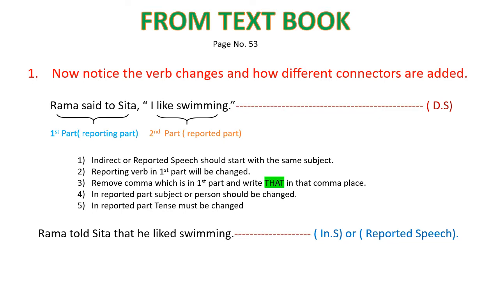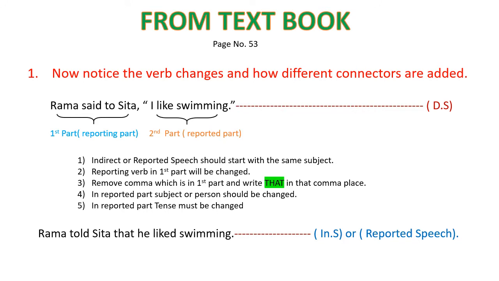So, coming to the rule, fourth point: in the reported part, the subject or person should be changed. We'll see how I will change. Fifth one, in the reported part, the tense must be changed. After following all these five rules, we'll see the indirect or reported speech: Rama told Sita that he liked swimming.